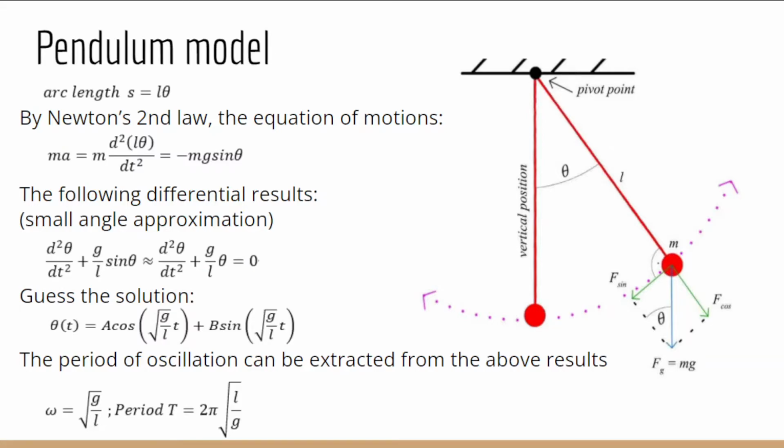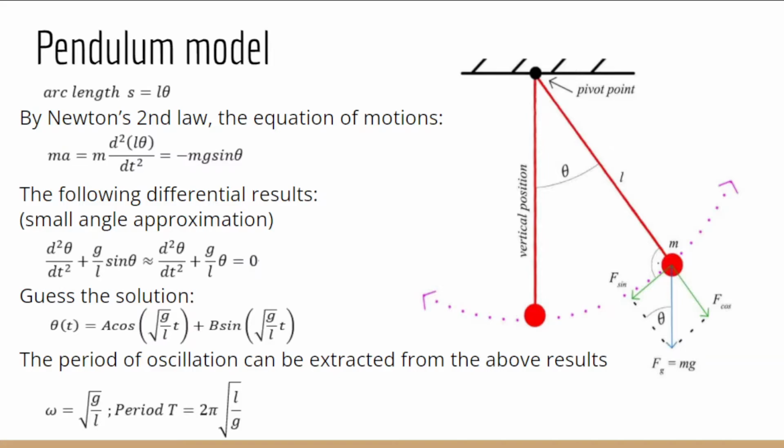Its tangent component will be mg multiplied by sine theta, and it should be negative because it is a restoring force. And we can get the following results.